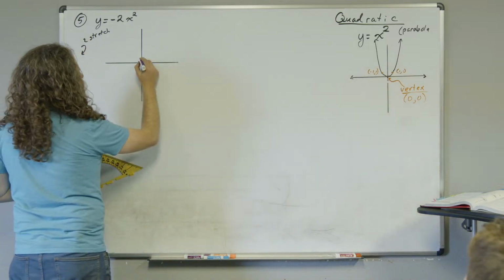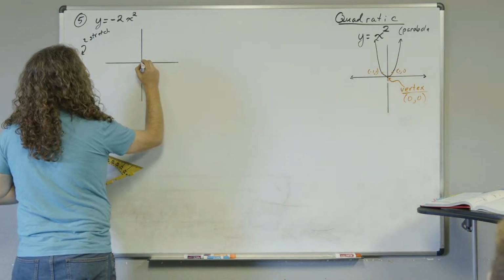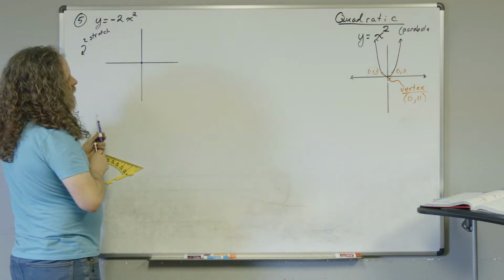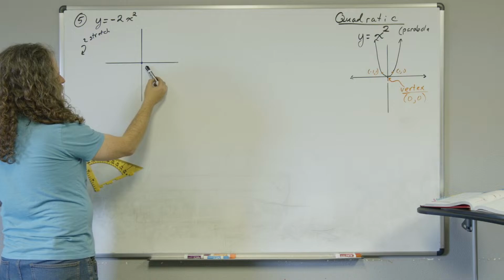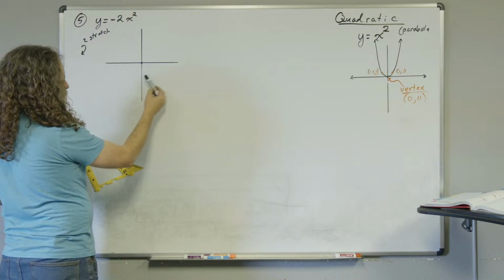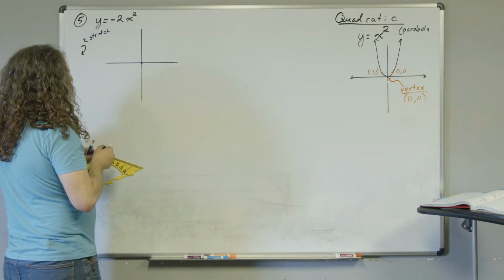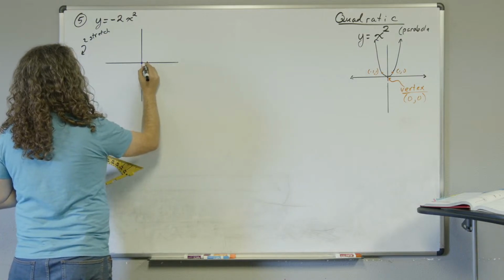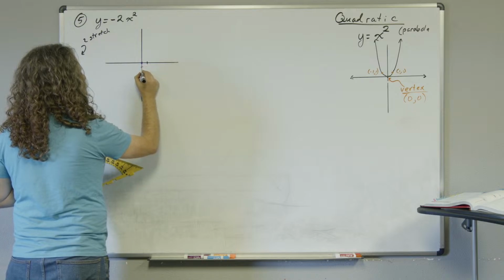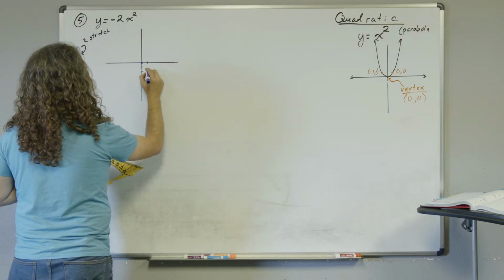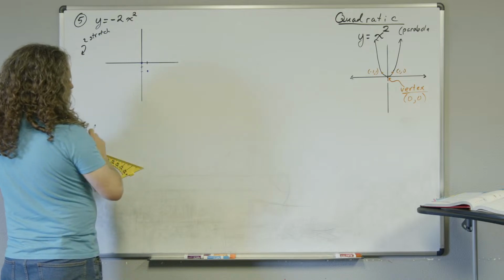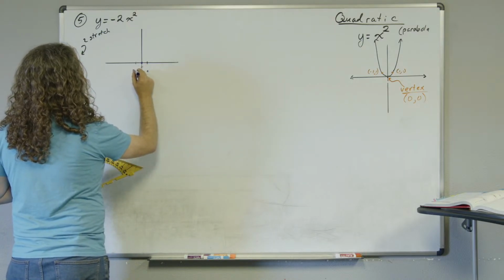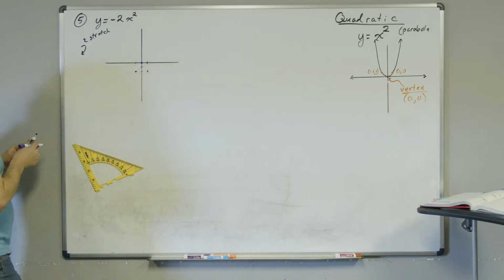So it's still 0, 0. It flips down. So normally we would count down 1 and over 1 if it was just negative. We're going to count down 2 and over 1, and we're going to prove it with doing the math on the dilation. When it is dilated, usually we want to do a few more points than we would normally do because it's going to be a little bit trickier to look at.